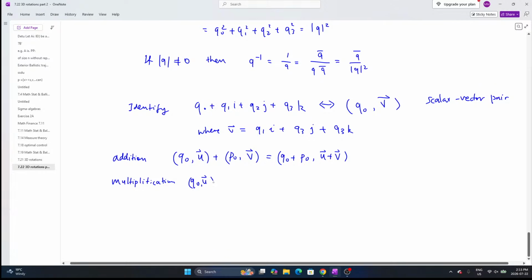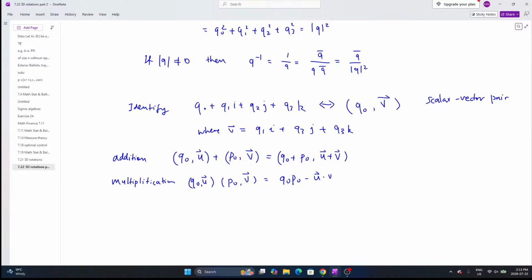Put it here. Okay. Q naught U times P naught V. Okay. This would be Q naught P naught minus U dot V. Okay. And then plus, actually no, not plus, but this is the scalar part, right?